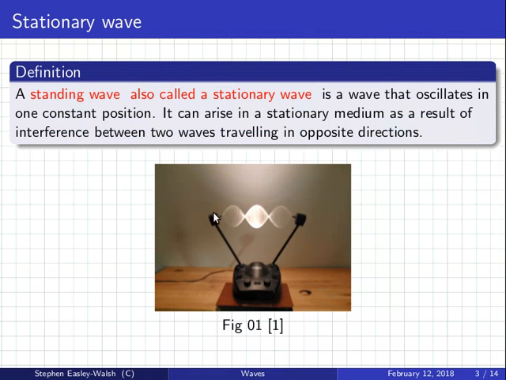It looks like the string has turned into this, and it looks like it's not moving. So it stays this shape. This little point here actually doesn't move, whereas here it's moving up and down really fast. This is a standing wave, this situation here.